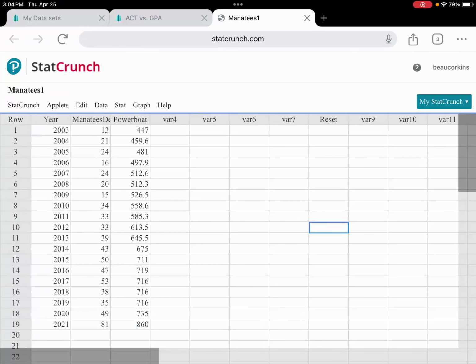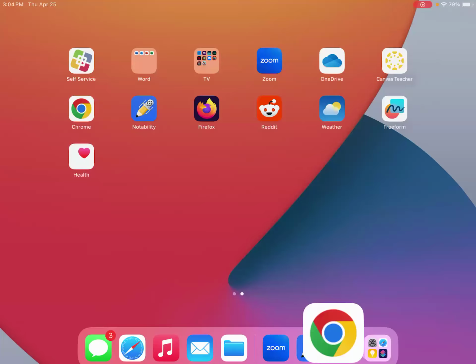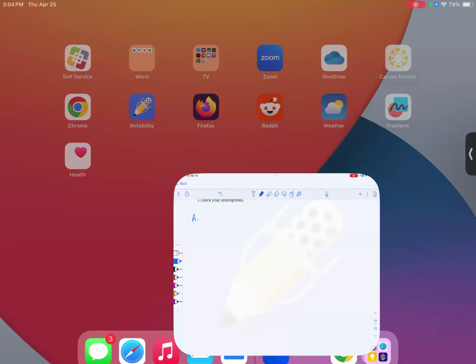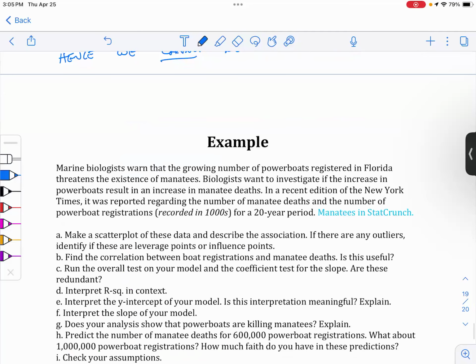Okay, so we have manatee deaths and powerboat registrations. And there's actually three quantitative variables here. Actually, we're also given year, manatee deaths, powerboat registrations. The question explicitly said, was there a relationship, right?